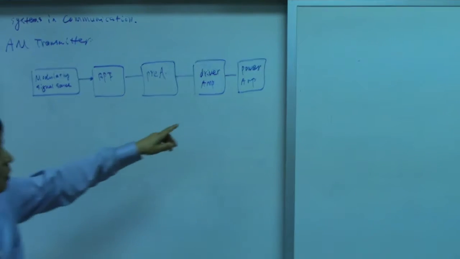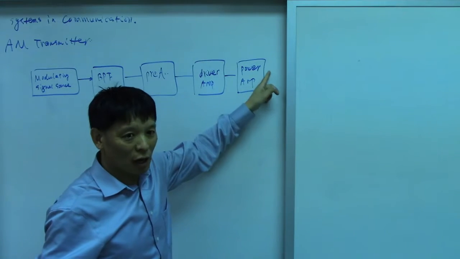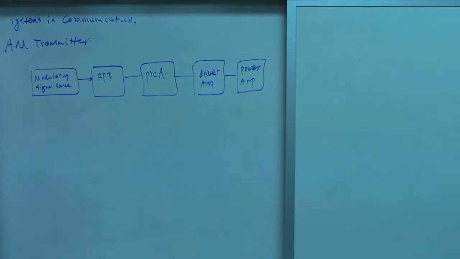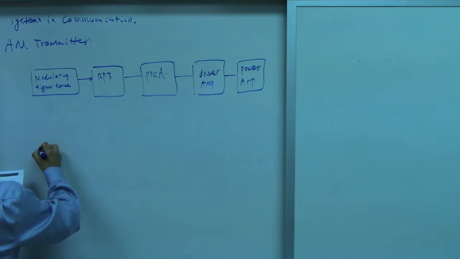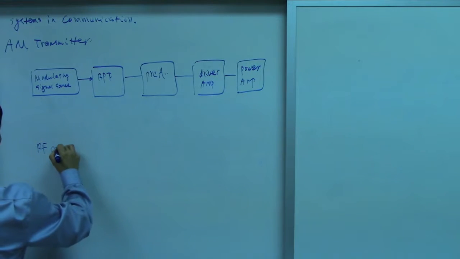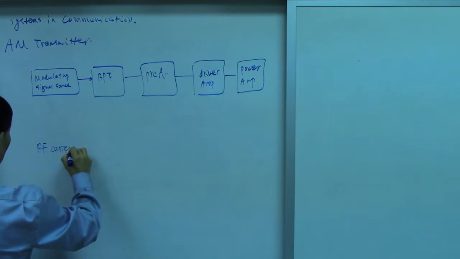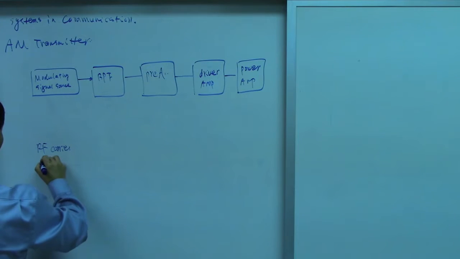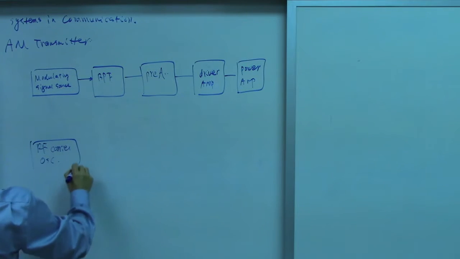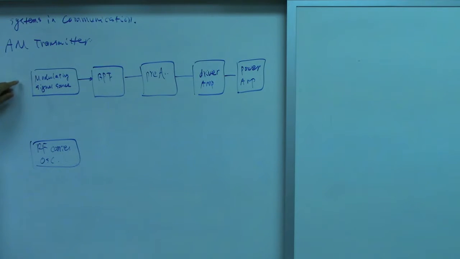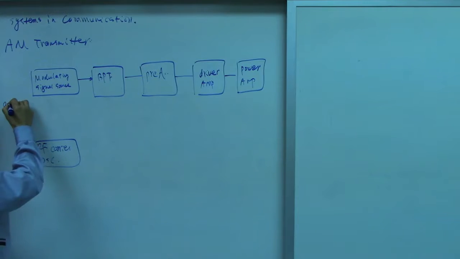After this one, the power at the output here is pretty large. And we have here the RF oscillator, the carrier oscillator. For example, if I use my voice, that one will be from 0 to 20K at most. So this one here, from 0 to 20K.